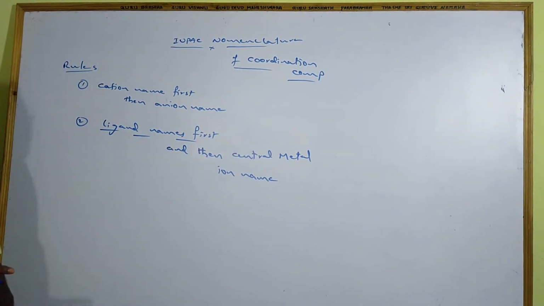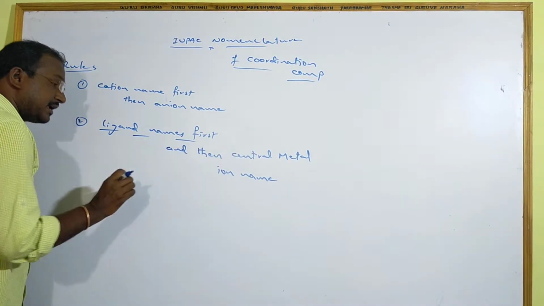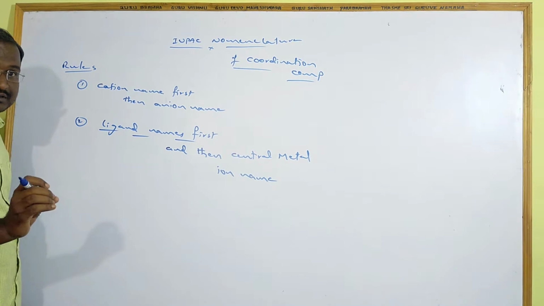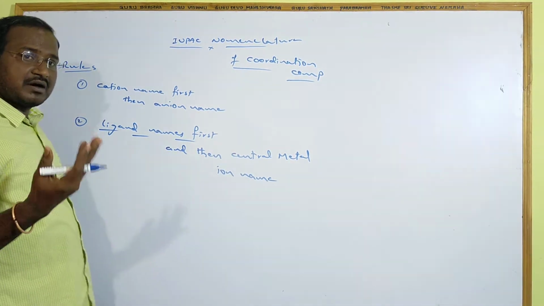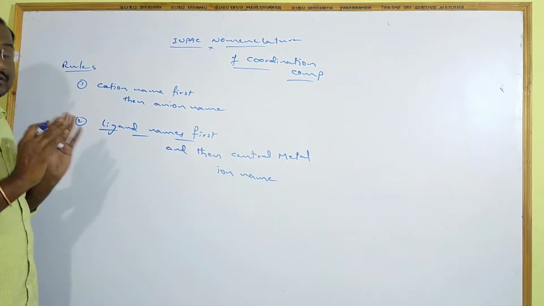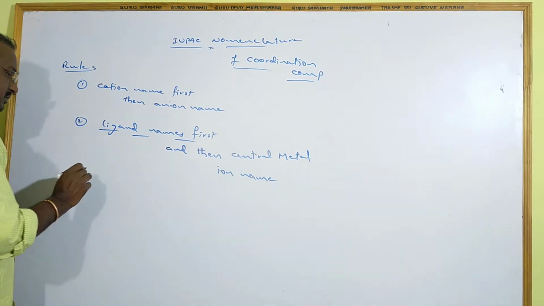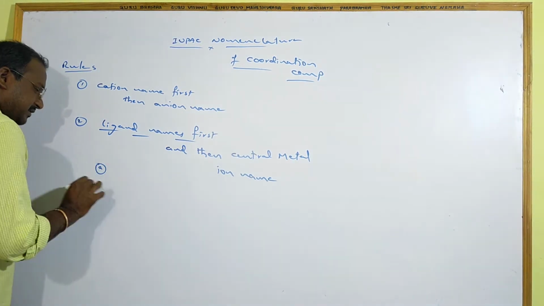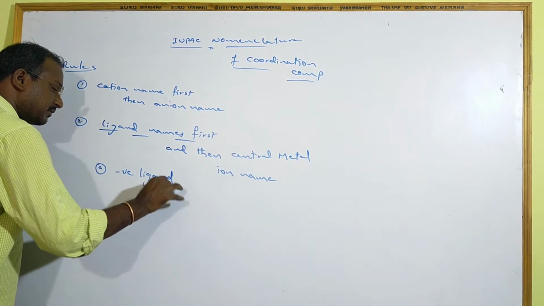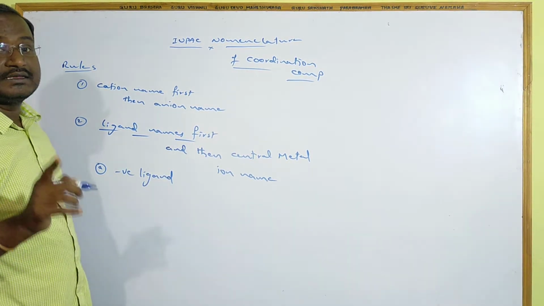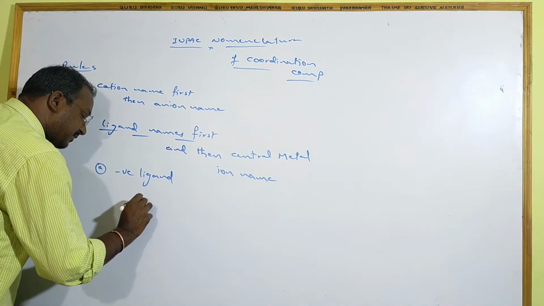Central metal ion: first you have to say the ligands. Ligands have certain names. Some ligands have unique names, and some have common names. There are some rules to write the ligand names. What are the rules? First, if the ligand is negative, compulsorily it has a suffix.